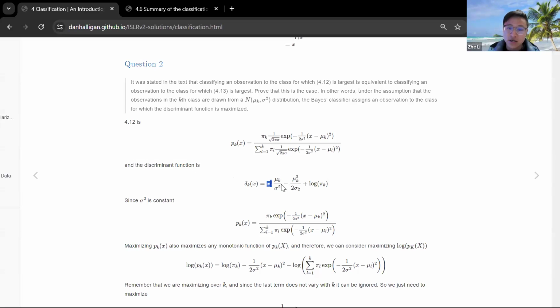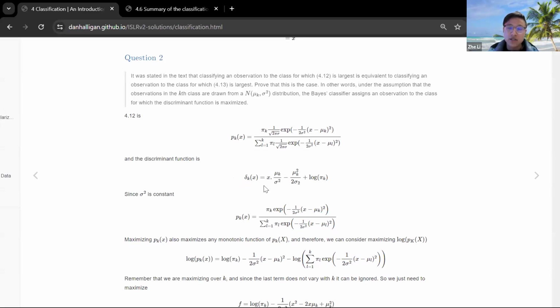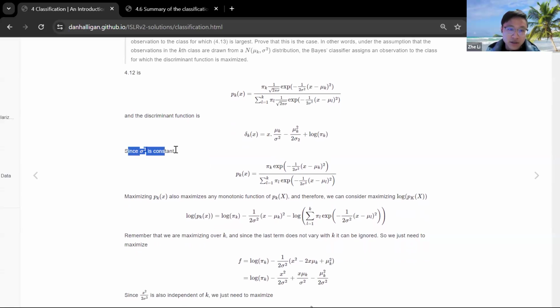We can see that it is a first degree function, so it's basically a linear function, and you can treat the other terms as constants, because for each class we have a constant mean mu and the constant prior probability pi of k.